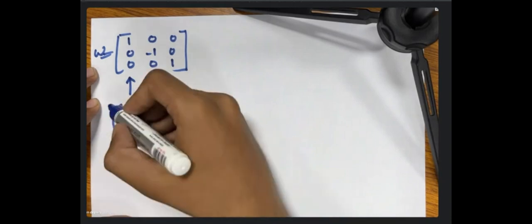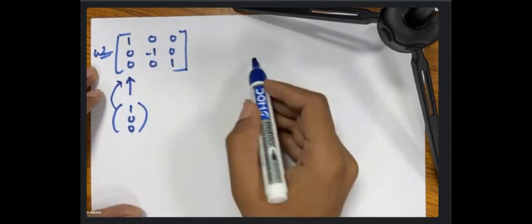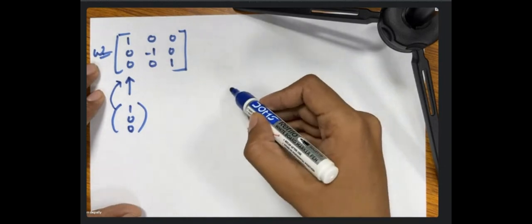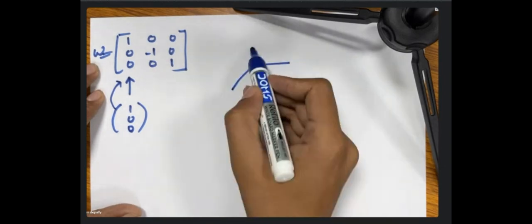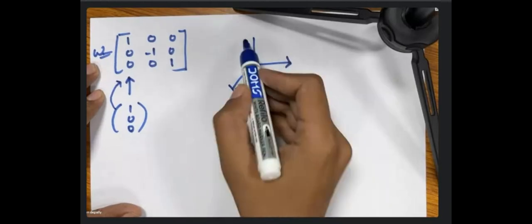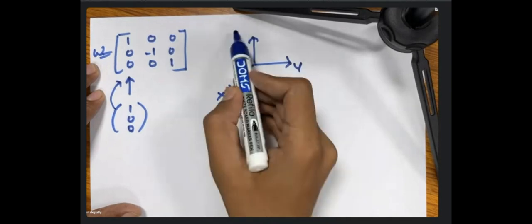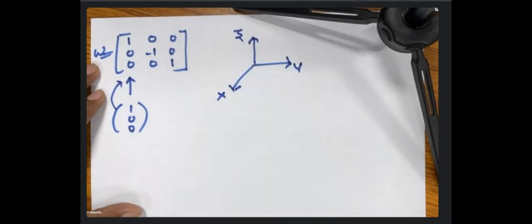We can see that initially and finally both are the same. So this particular direction, if I draw them, X, Y, and Z. So the X is remaining at its own place.